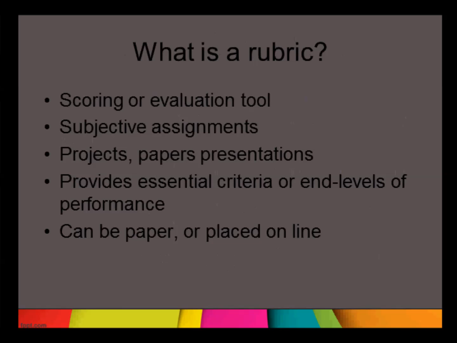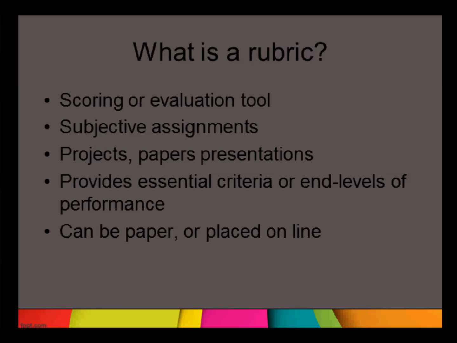So what is a rubric? Well, a rubric is a scoring or evaluation tool that is used primarily for subjective assignments, projects, presentations, performances, writing presentations. It provides essential criteria and levels of performance.